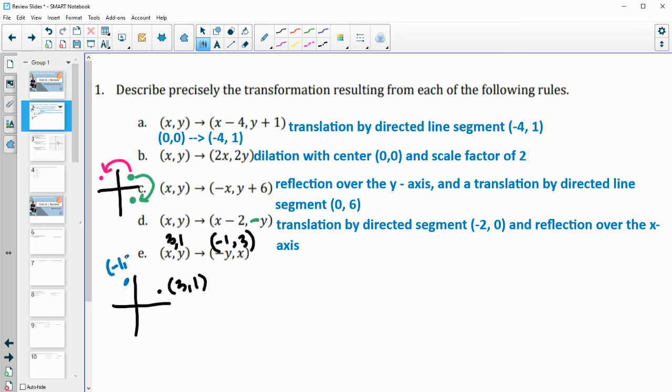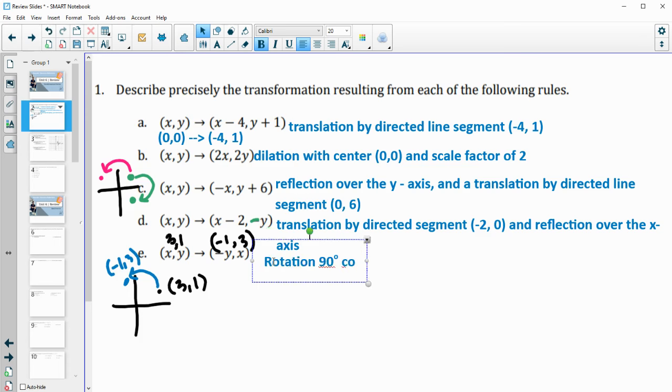And so then here's this point. So this one is actually a rotation 90 degrees counterclockwise. I usually don't remember those rules, and I just make up an example for myself and do it to see where it moved to.